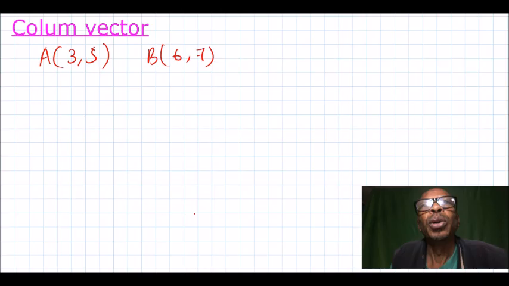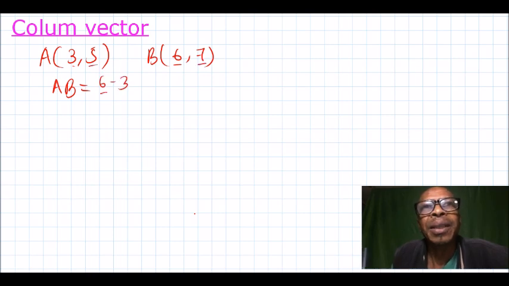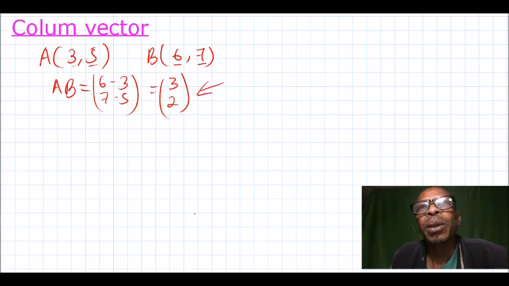So you can get the vector AB is equal to 6 minus 3 and 7 minus 5. That will give you 3, 2. This is what we call a column vector.